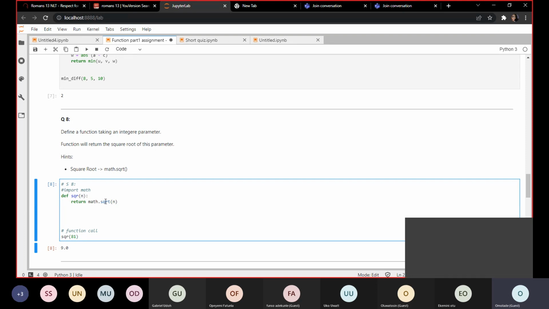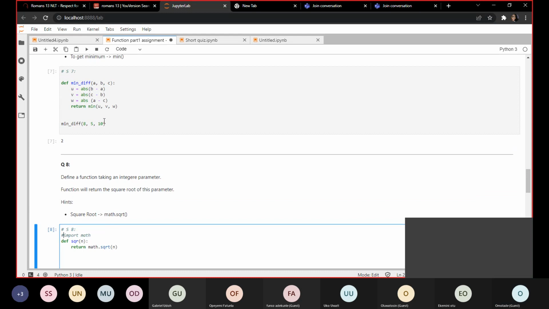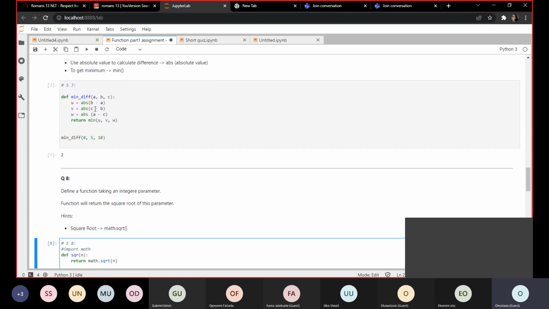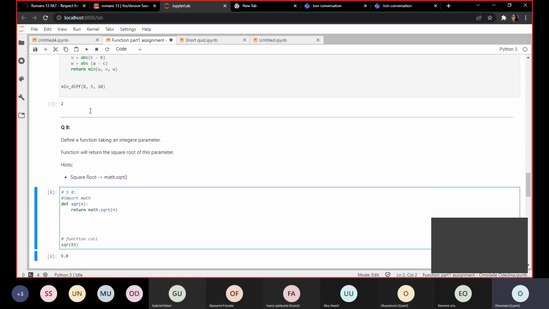Now, unlike ABS and mean that are inbuilt Python functions, they are just there for Python. SQRT is also inbuilt, but you need to call it in, it is a function under a module.